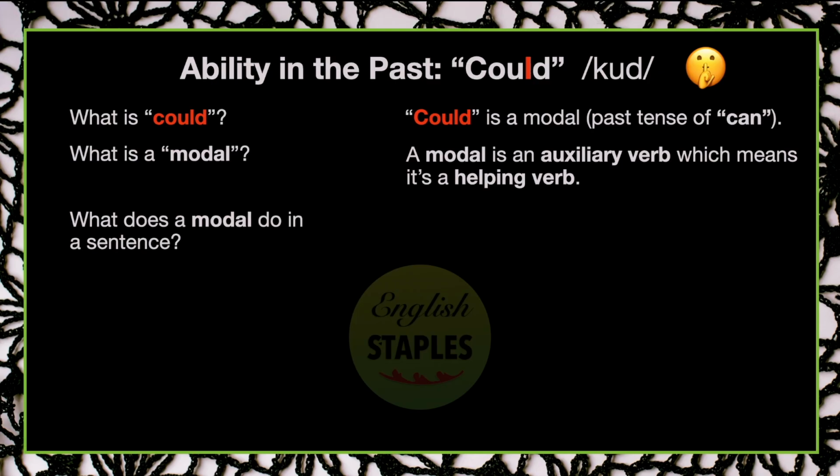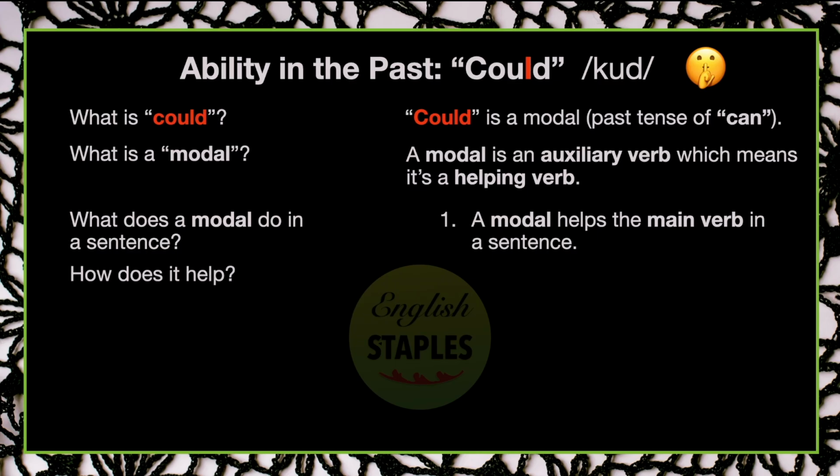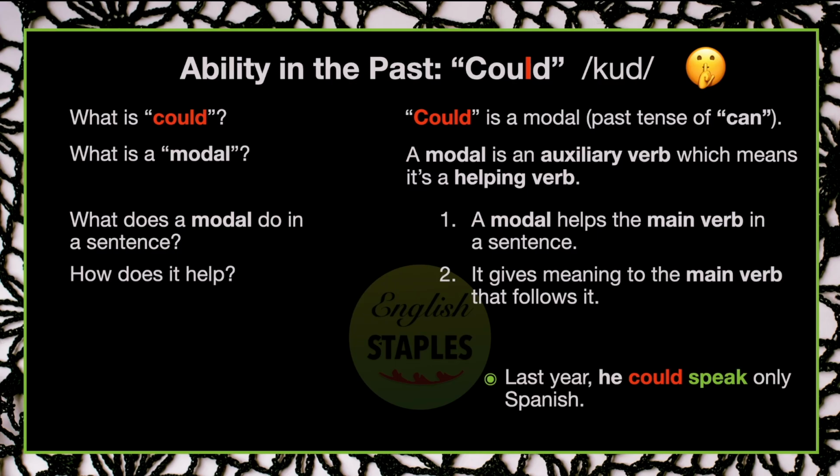What does a modal do in a sentence? 1. A modal helps the main verb in a sentence. How does it help? That brings us to the second job of a modal in a sentence. It gives meaning to the main verb that follows it.